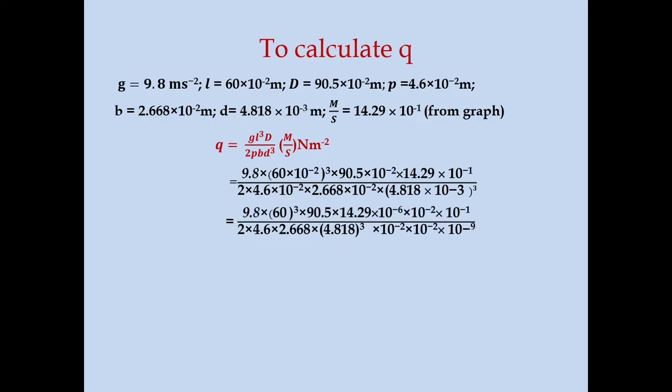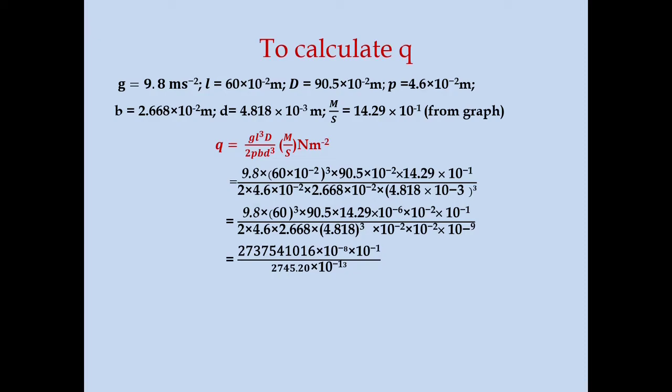Now let us separate the numbers and the powers. First write all the numbers, and separating the powers we have 10 power minus 6, 10 power minus 2 into 10 power minus 1 in the numerator, and in the denominator we have 10 power minus 2, 10 power minus 2 into 10 power minus 9. I have explained this calculation in detail in the previous video.